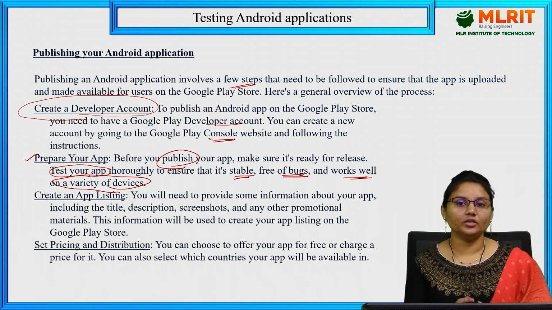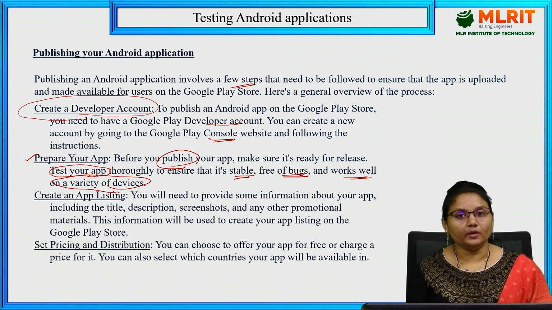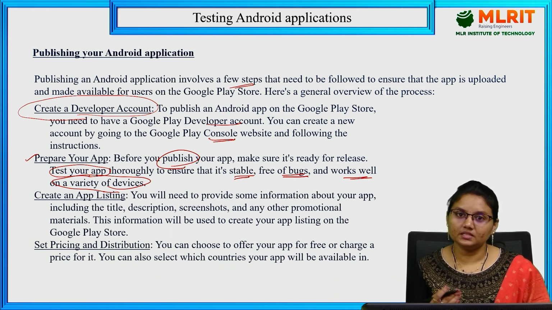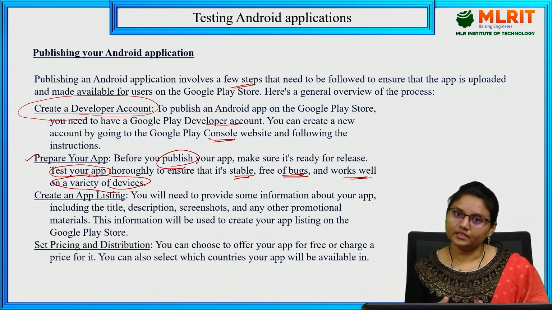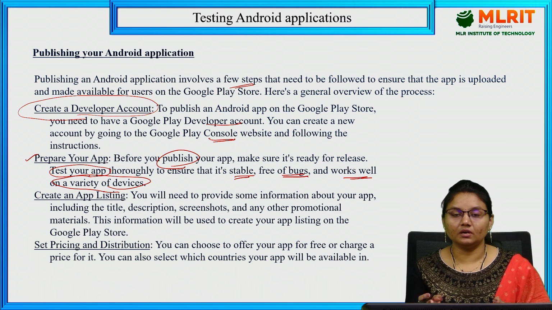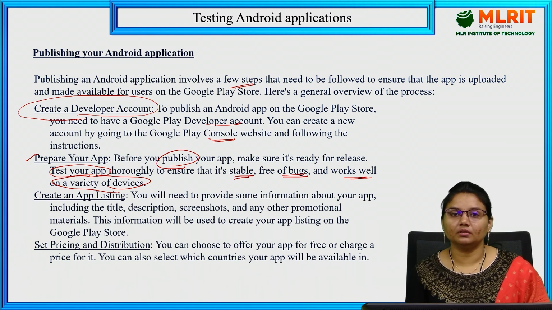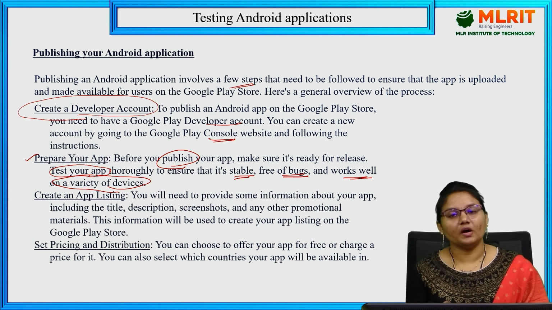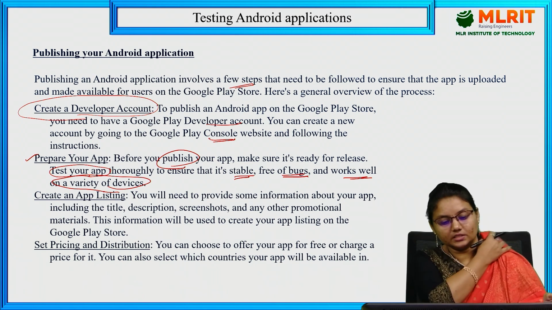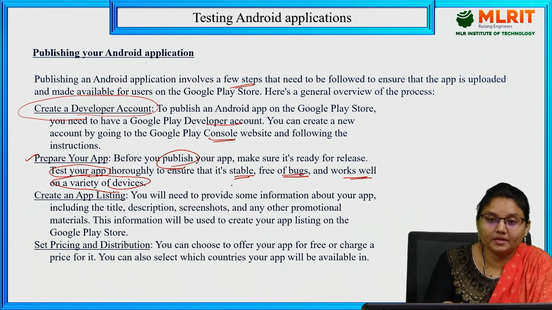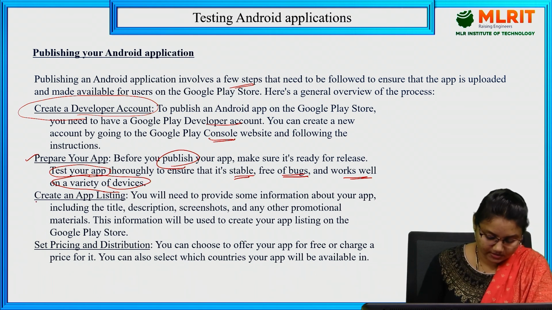When you develop your application, it will run on OnePlus, on Samsung, and on some X and Y. Different mobile phones will have different screen resolutions and also different compatibilities, right? Our application should be able to work on any device. So that is testing your application so that it will be stable, free of bugs, and works well on every device. And create an application listing.